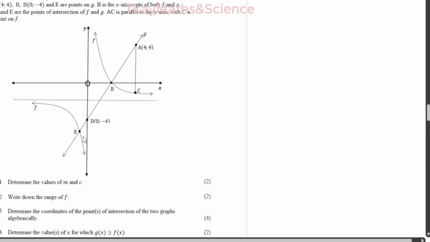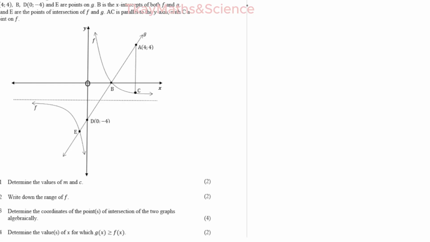Now they're saying determine the values of m and c. M is here on the linear line. Always when you're talking about a linear graph, this is the form: y is equal to mx plus c, where m is equal to the gradient, and c is equal to the y-intercept.